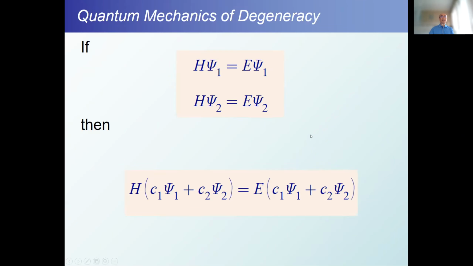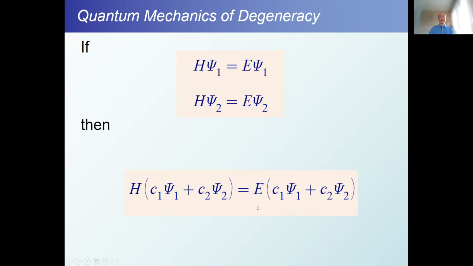If we have two states that have the same energy but two different wave functions, then a linear combination of these two states satisfies the same Schrodinger equation with the same energy. That is really the linearity of the Schrodinger equation, and it's a very profound quantum mechanical conclusion for degenerate states. You can have a linear combination of degenerate wave functions.